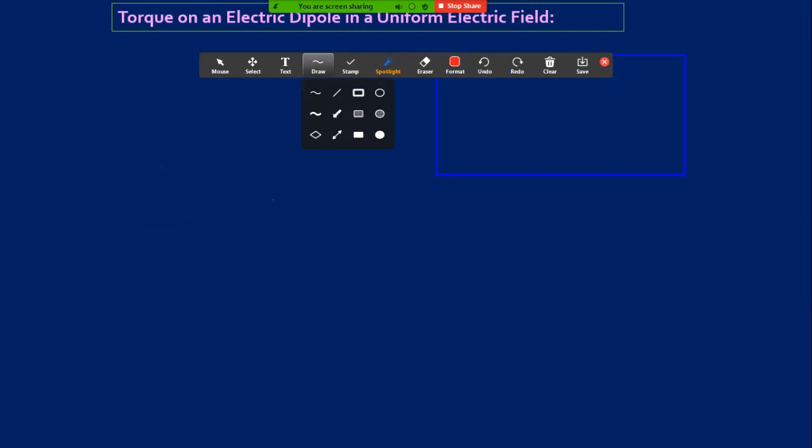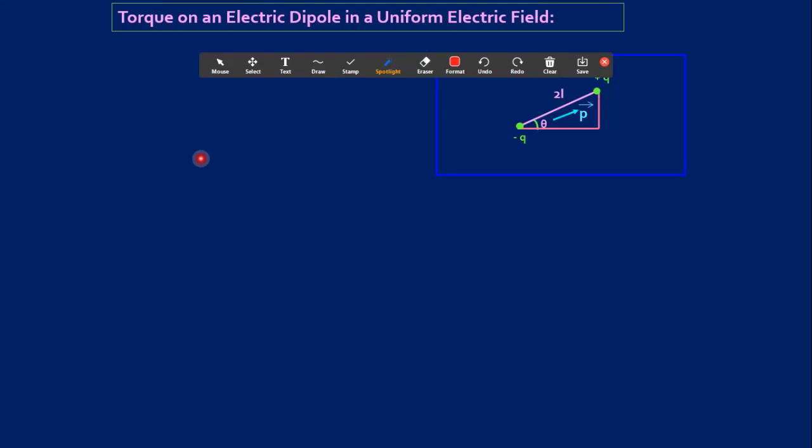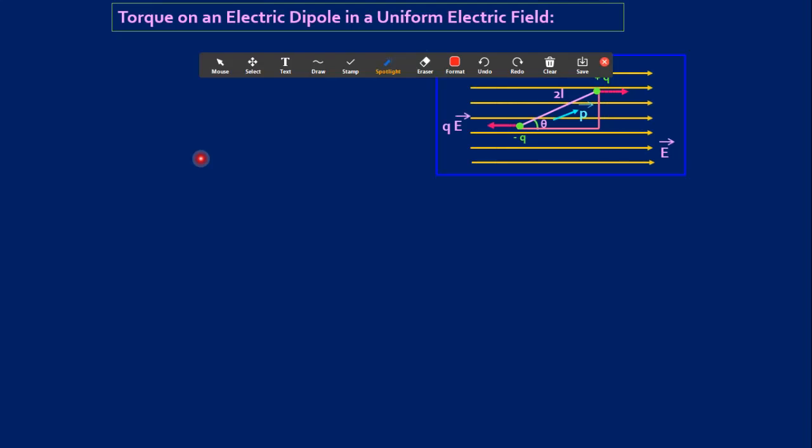Torque on an electric dipole in a uniform electric field. My dear boys, you know it very well from your Newtonian mechanics chapter that torque is the product of force and perpendicular distance from the acting point. Here, we are going to determine torque due to electric dipole.